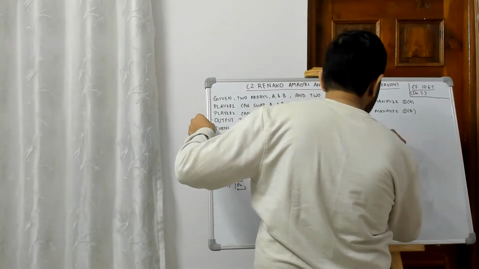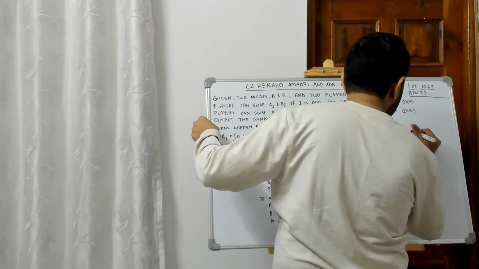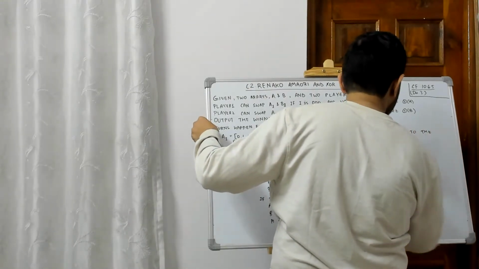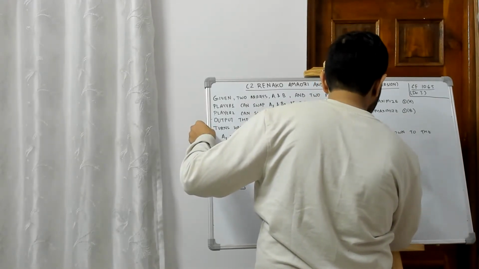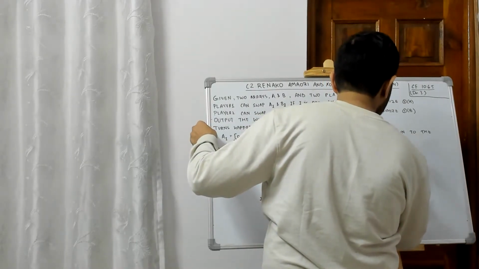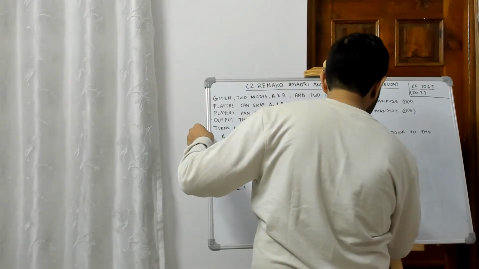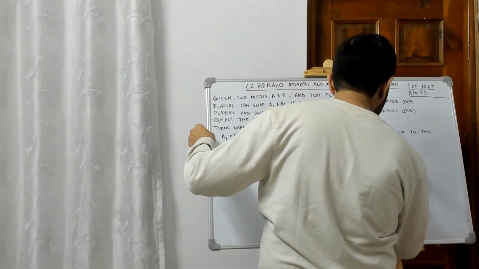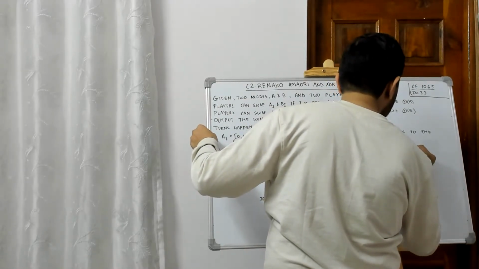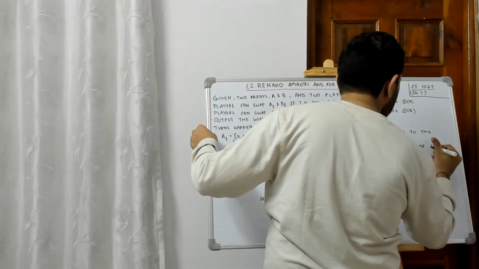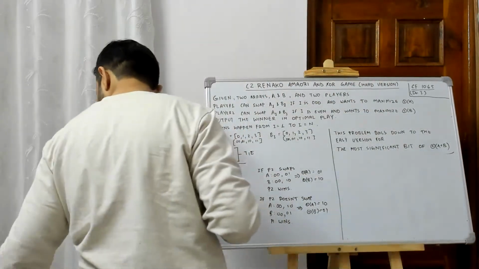This problem boils down to the easy version for the most significant bit of XOR of A plus B. That's it.